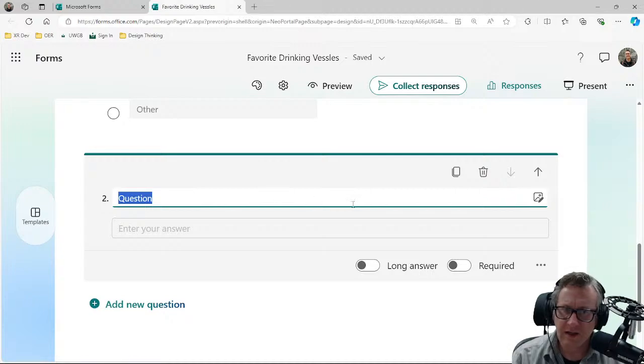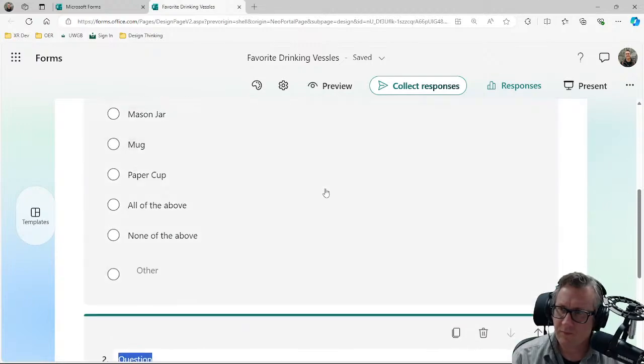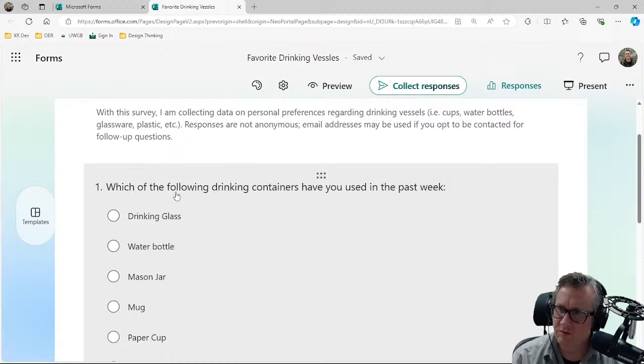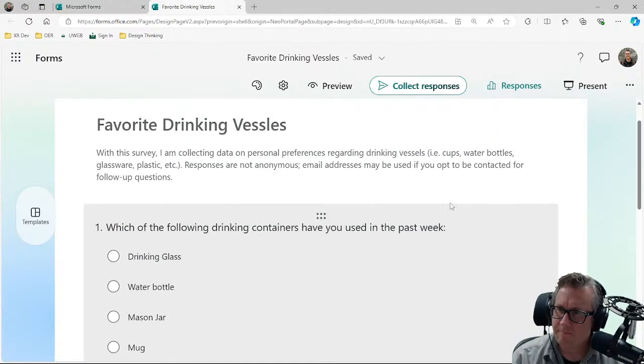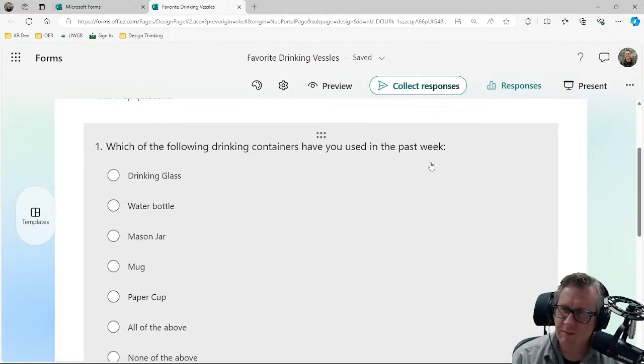All right. Let's see. Which of the following drinking containers have you used in the past week? Yeah, again, this could probably be clarified a little bit. Which of the following have you used to consume a beverage in the past week?